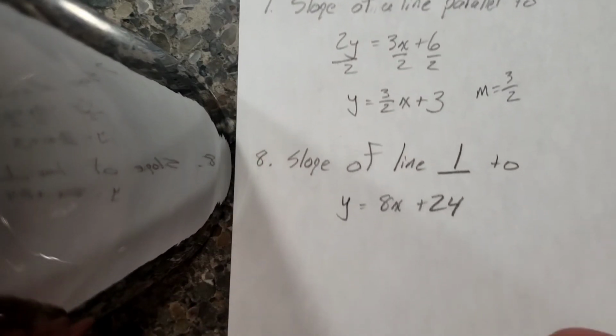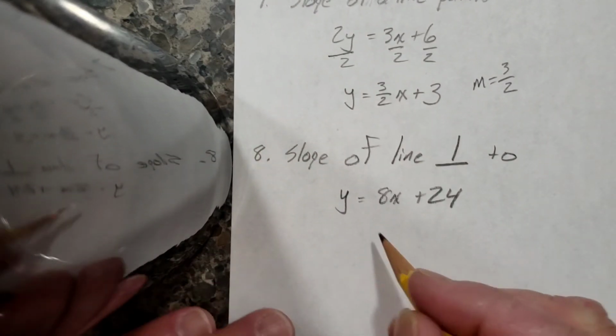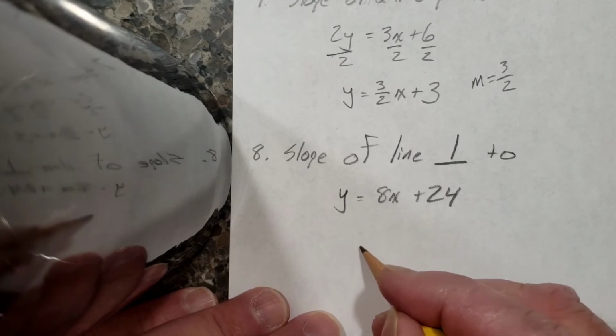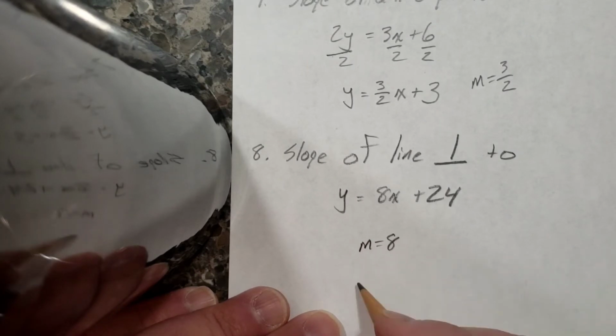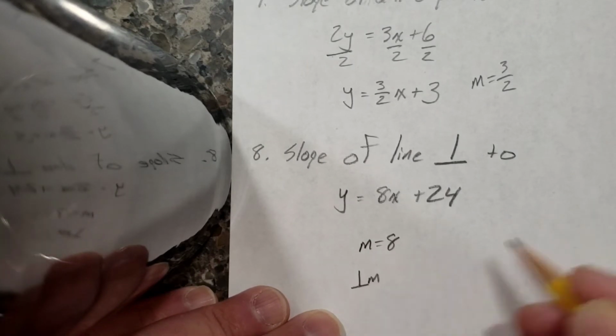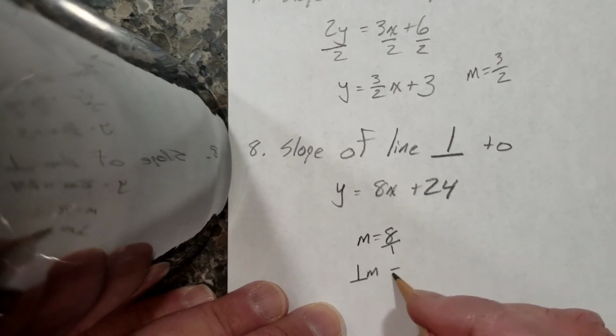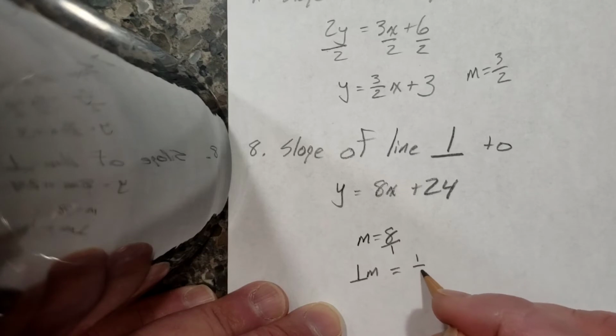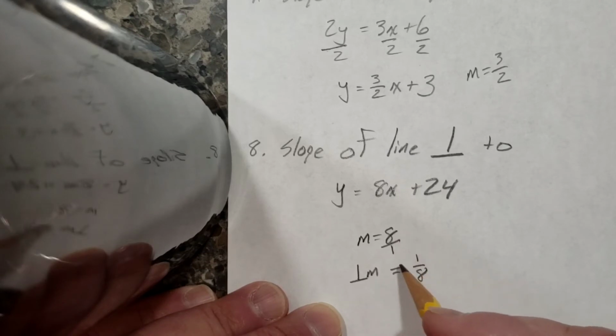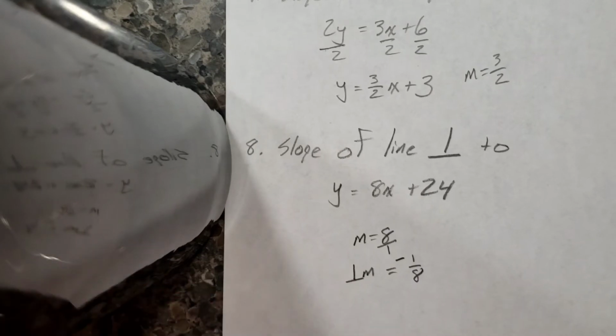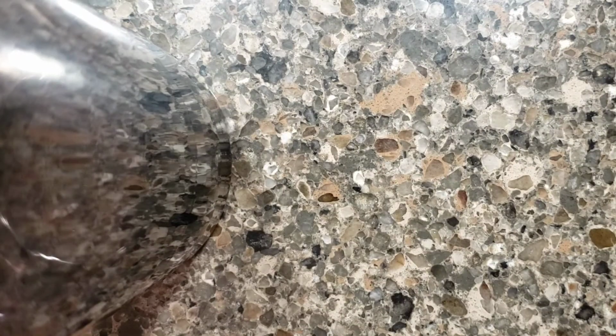Okay, moving on to number 8, perpendicular. They've already given us y equals mx plus b form, so our slope is 8. Our perpendicular slope, now if you remember, 8 can always be written as 8 over 1. Take the reciprocal, 1 over 8. It was positive, so make it negative. And there is your perpendicular slope to that line. Okay, moving on.